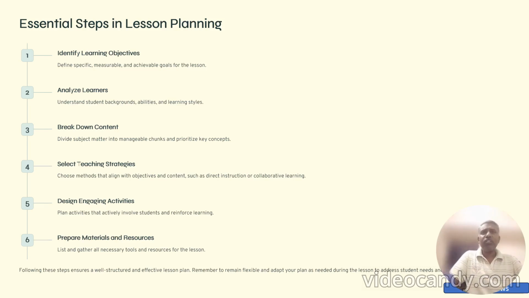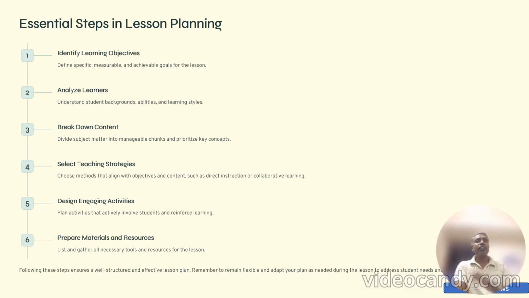Without learning objectives, we will not give exact teaching. Especially the students should know and understand what they will be able to do at the end of the lesson. As a teacher, we must know what we need to create or expect at the end of our teaching. So that is very, very important.